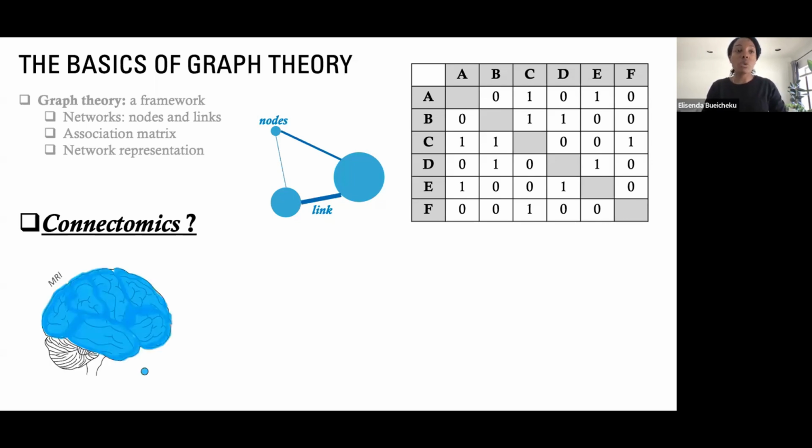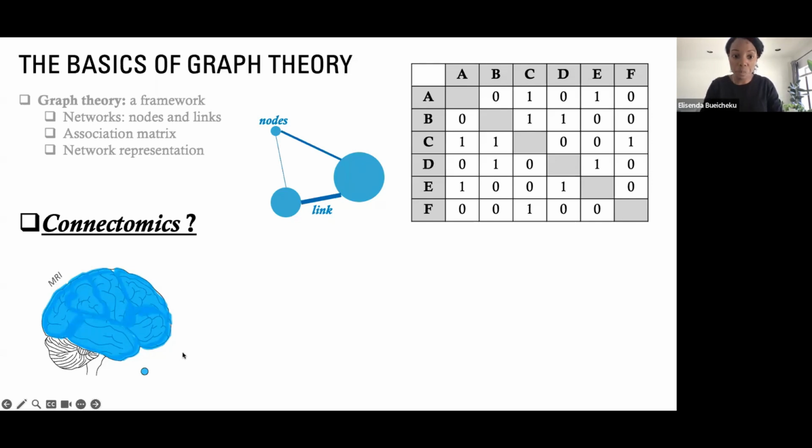For instance, imagine that you are doing a structural research project and you have the images of the brain of several individuals, and you are measuring, as I said, anatomical properties, and each of the regions of the brain will correspond to one voxel. So we paint all our brain in blue and imagine that we have several dots or several nodes representing the voxels of the brain.